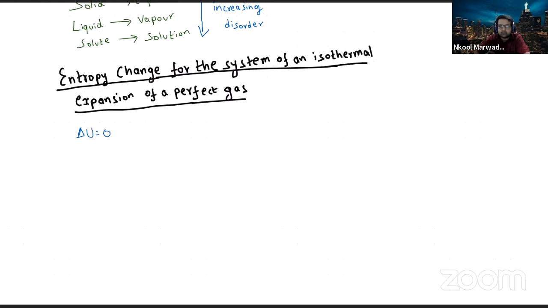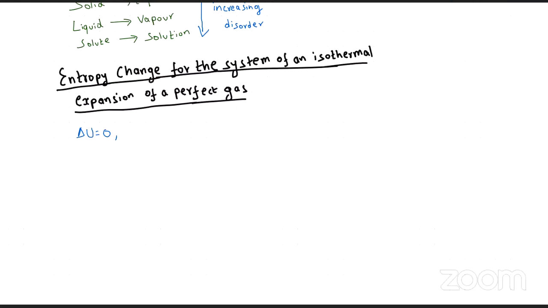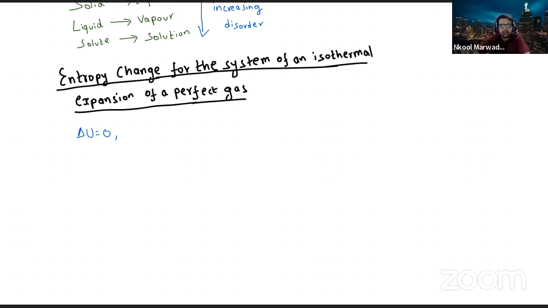Since expansion is there, the work done will be by the system, so work done can be negative, but we can prove that. How can we prove that from the first law of thermodynamics?